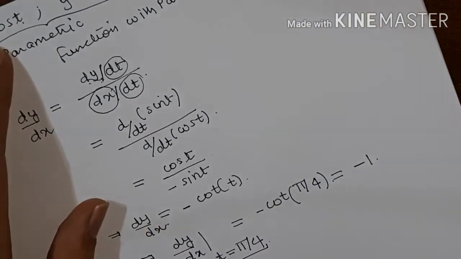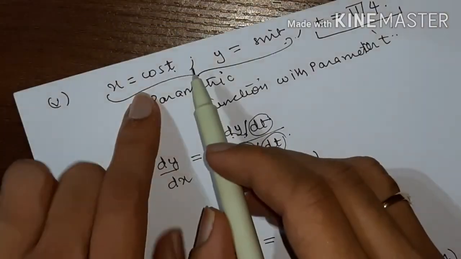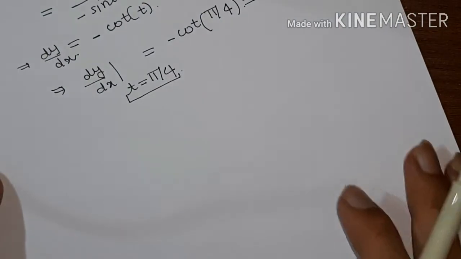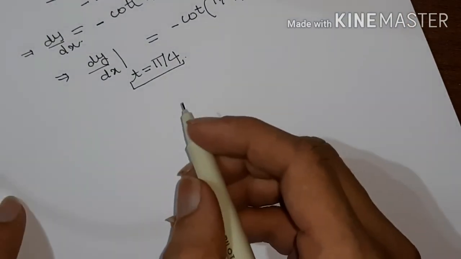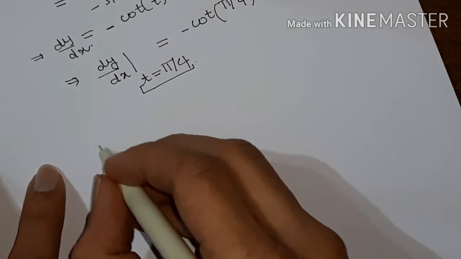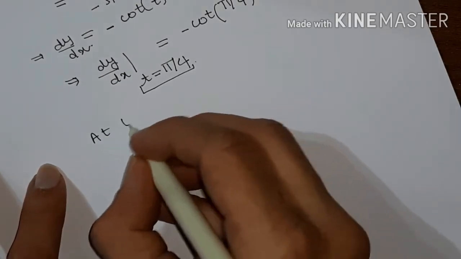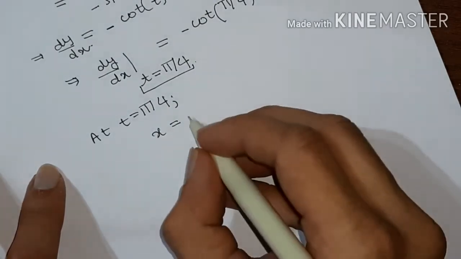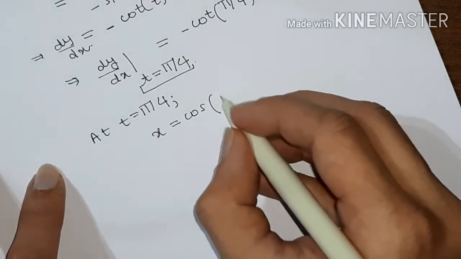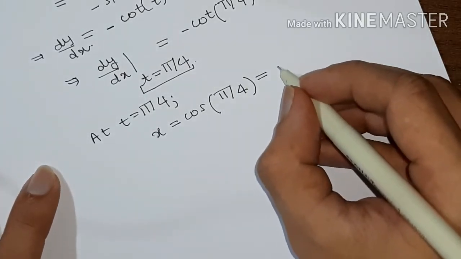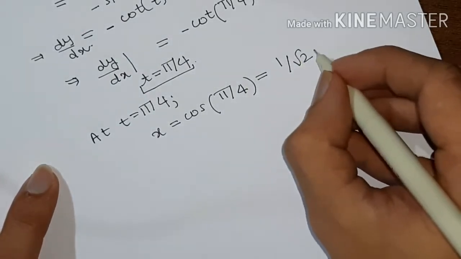But what is the point at which we are finding the tangent? That is the question. So we have to find the point here. At t equal to pi by 4, x is equal to cos of pi by 4, which is nothing but 1 by root 2.